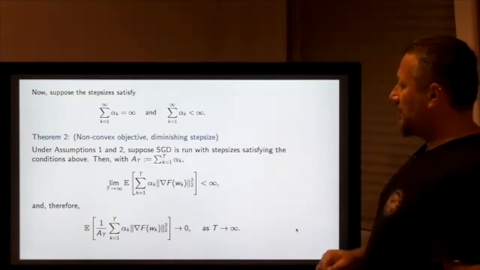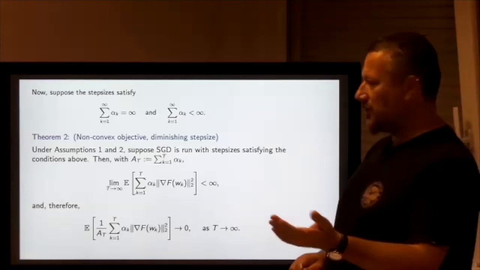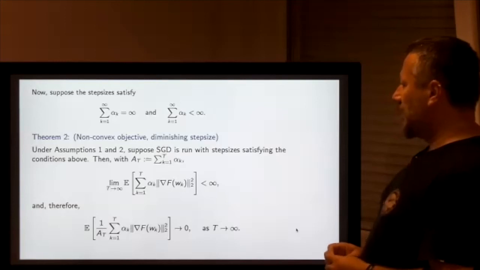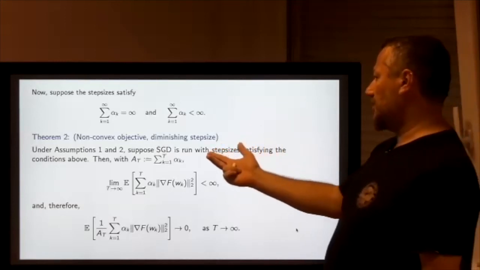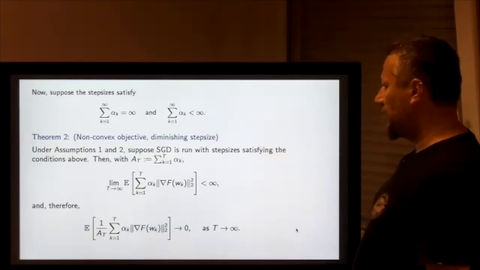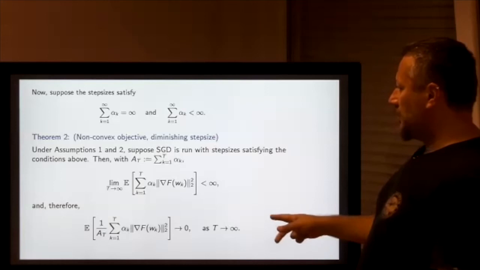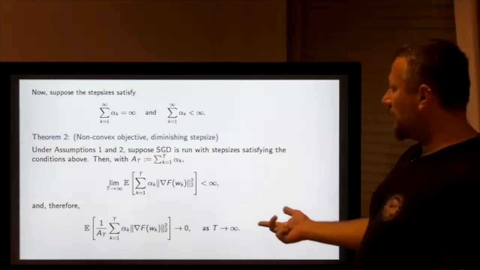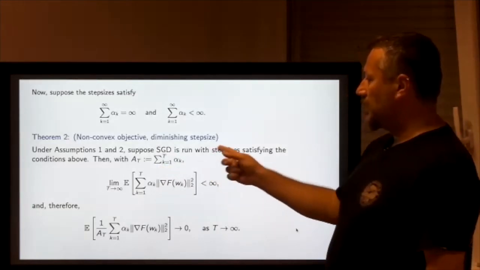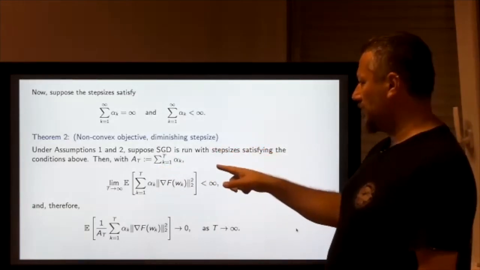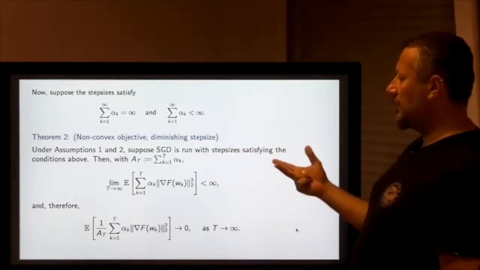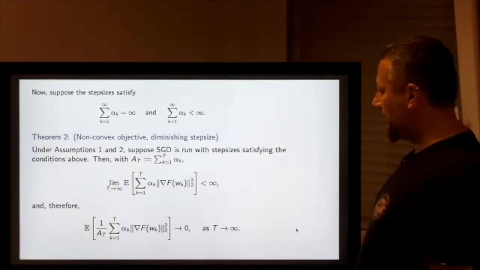Then under this assumption and the other two assumptions we had, assumptions 1 and 2, the iterations of stochastic gradient descent run with this sequence of step sizes satisfy these results. I'm defining AT as the sum of these step sizes from 1 to t, and I let SGD run for t many steps.